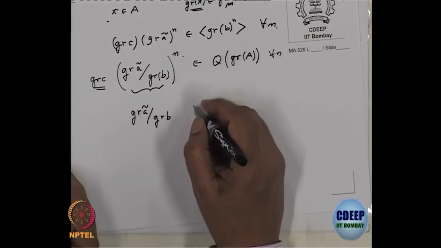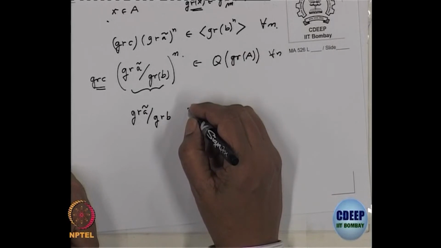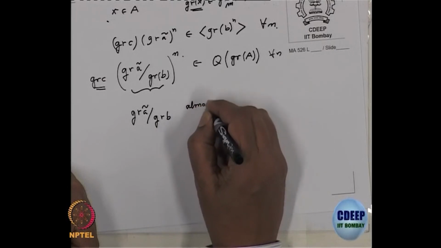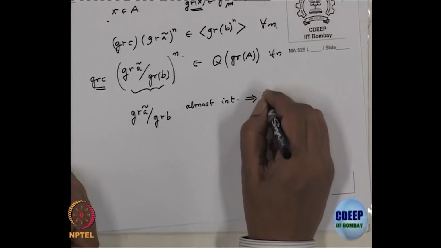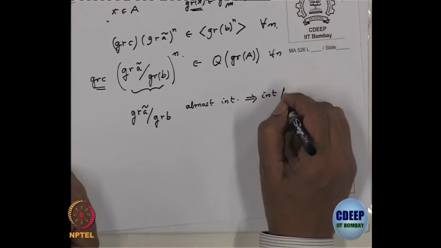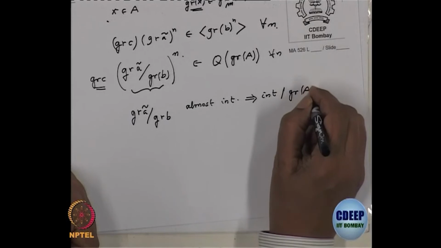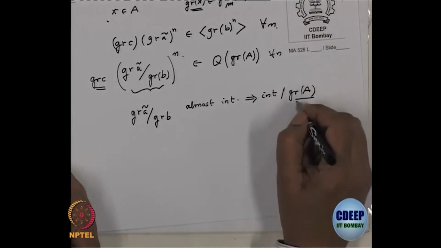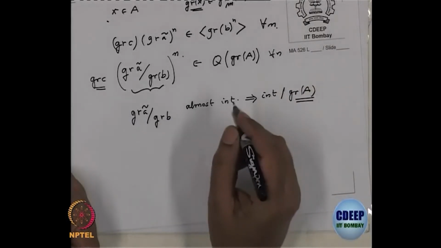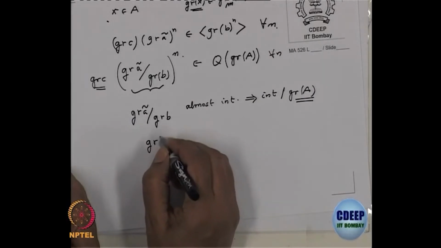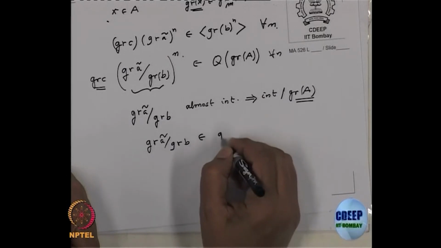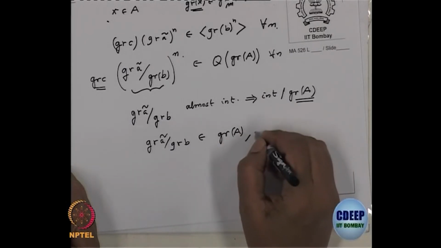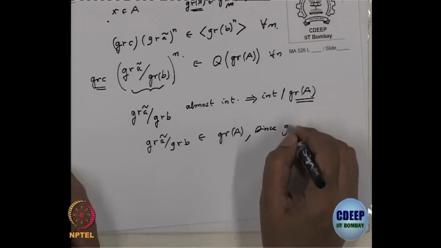So this is almost integral, and therefore integral over GR A. But our assumption is that this is normal, so GR A tilde divided by GR B actually belongs to GR A since GR A is normal.